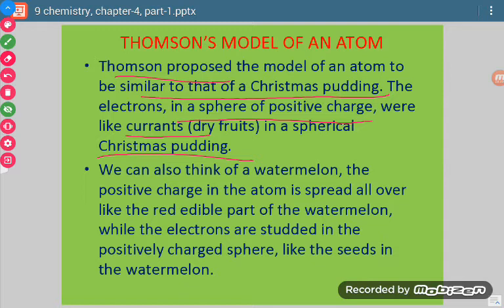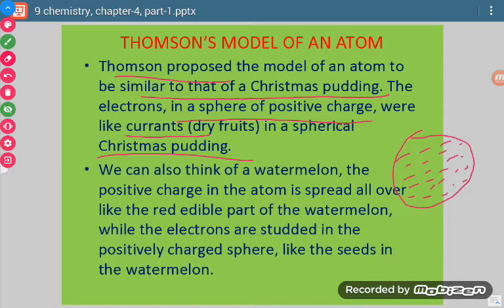Just like there is a sweet dish in a bowl, the negatively charged electrons are like dry fruits in the pudding, and the whole of the pudding contains positive charge.